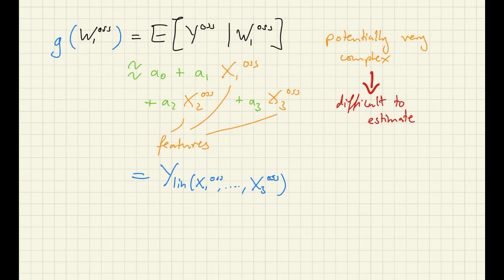And as we did before, we'll denote the corresponding coefficients by b0 star star, b1 star star, b2 star star, and b3 star star.